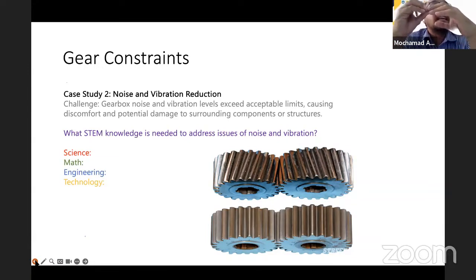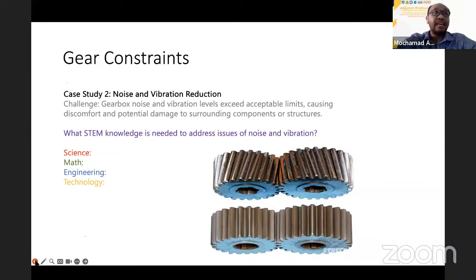Mungkin ada yang pernah memperhatikan saat roda gigi berputar, pasti ada suara berisik, ya. Kemudian ada juga getarannya. Di sini mungkin perlu kita identifikasi sebenarnya apa yang menyebabkan kebisingan tadi dan getarannya tadi. Oleh karena itu dari sainsnya, kita cari penyebab kebisingan dan noise-nya tadi.